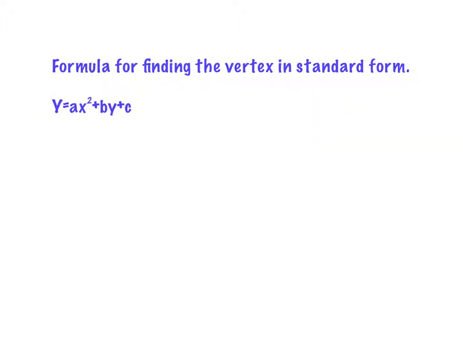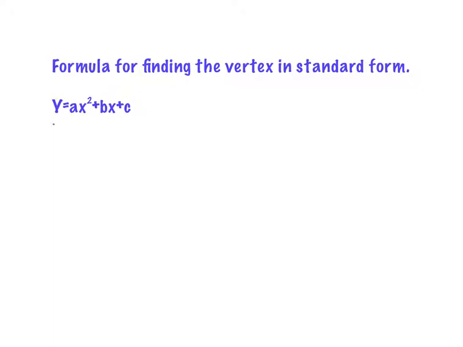Last one we're going to do is using the formula when we're in standard form. And my standard form is incorrect. It should be ax squared plus bx plus c. Okay, so my apologies.